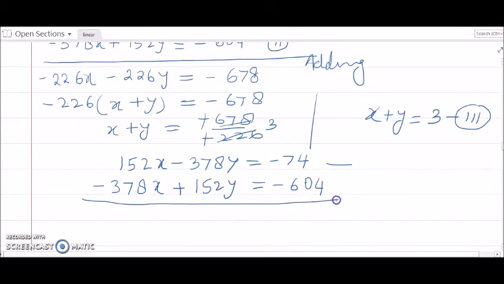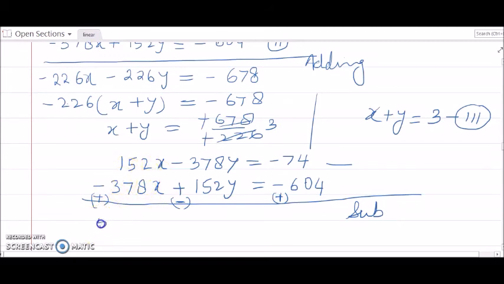Now this time we are going to subtract. In subtraction, the sign will be changed. This minus will be plus, this plus will be minus, and this minus will be plus. So both positive, you add them.